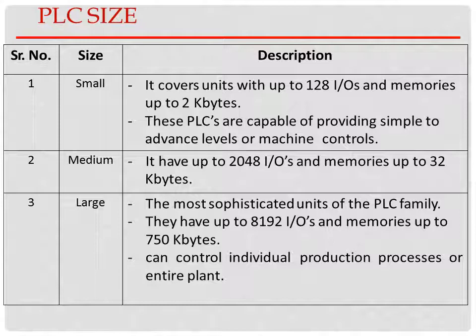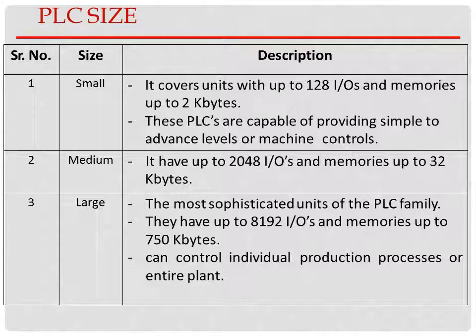Large PLC. The most sophisticated units of the PLC family are large PLCs. They have up to 8192 IOs and memories up to 750 kilobytes. Large PLC can control individual production processes or the entire plant.